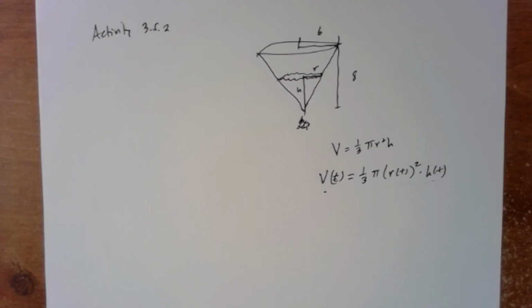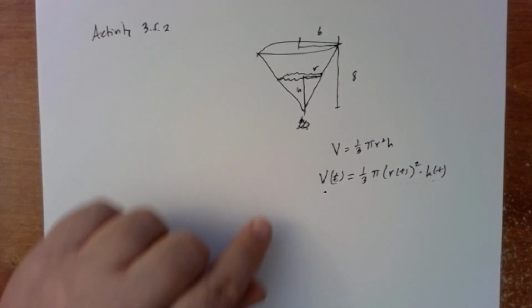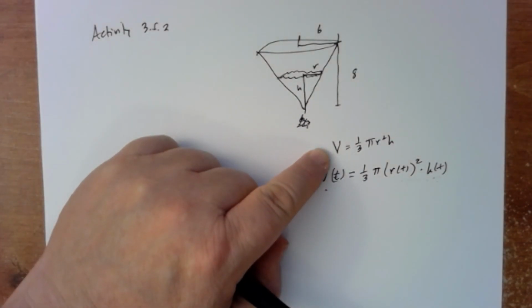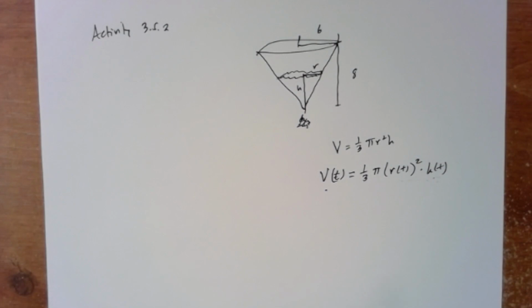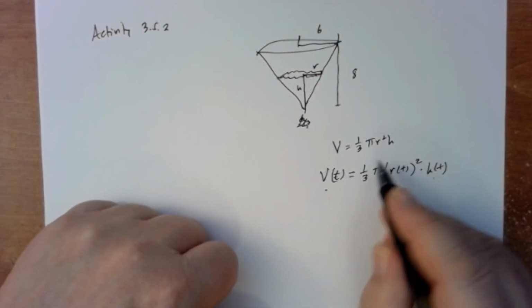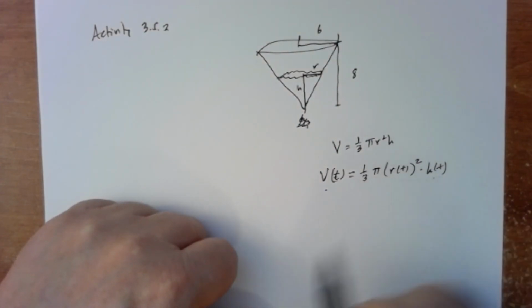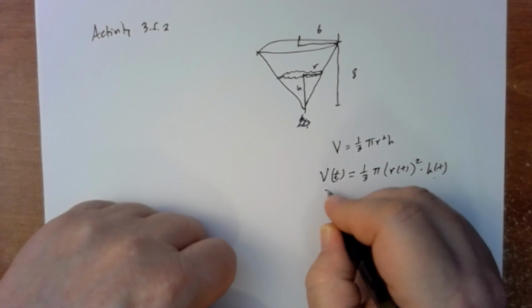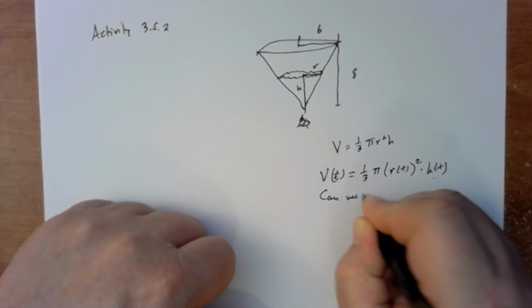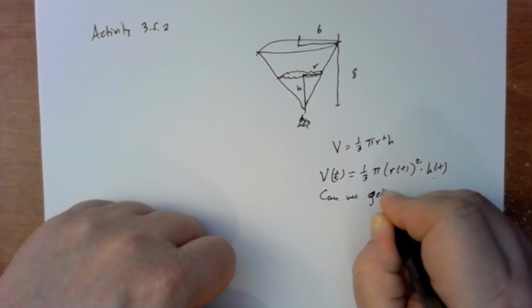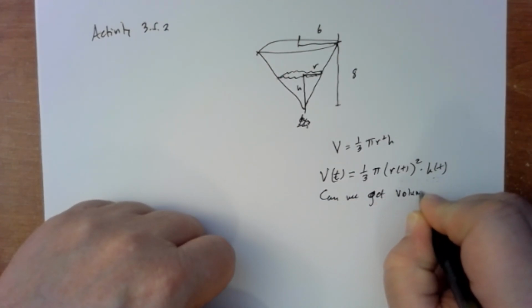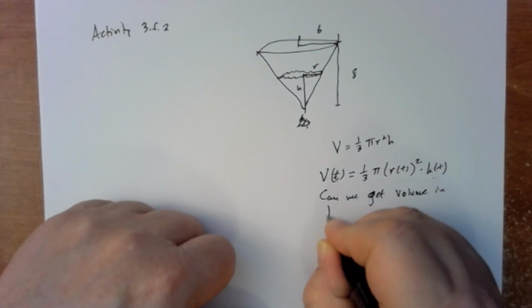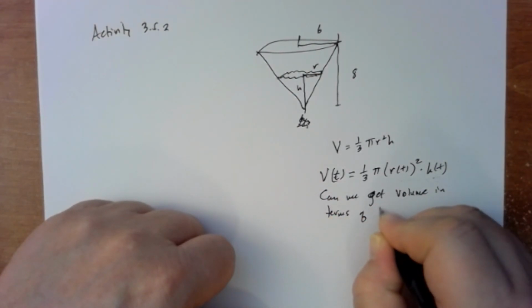Determine an equation that relates the volume of the water in the tank at time t to the depth at time t. So we would like to try to find a formula for volume just in terms of h alone. Can we get the volume in terms of h alone?